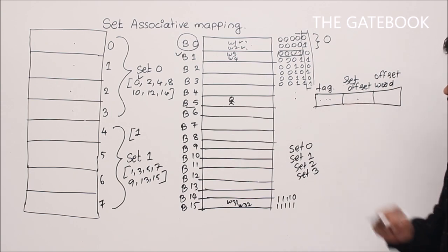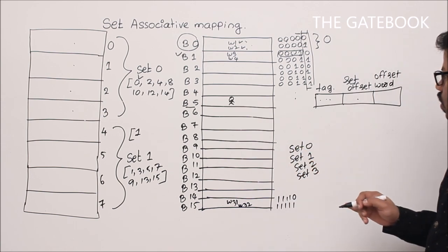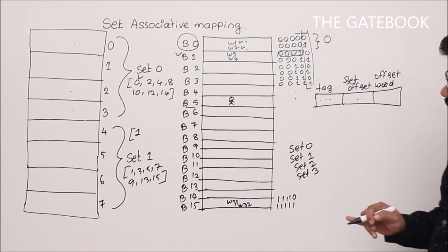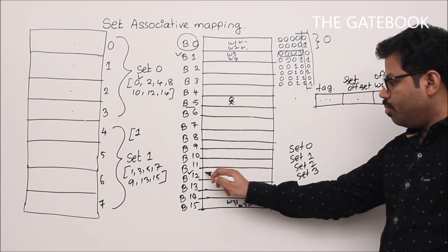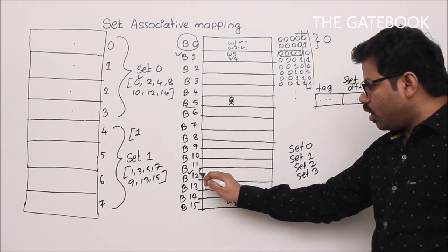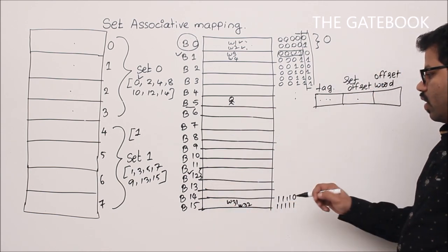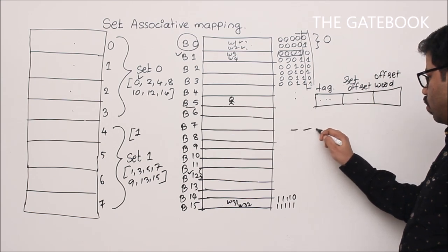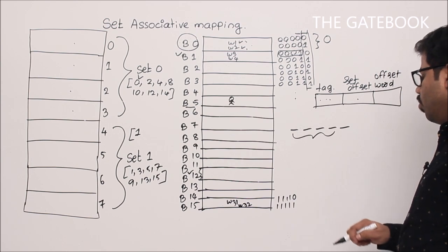Now, example, how to map a particular main memory address, I will show you. Let us take one main memory address, B12. In B12, the block number is 12. What is the binary pattern for block number 12? It is 5 bits, 1, 2, 3, 4, 5. We know that these 4 bits represent the block number.